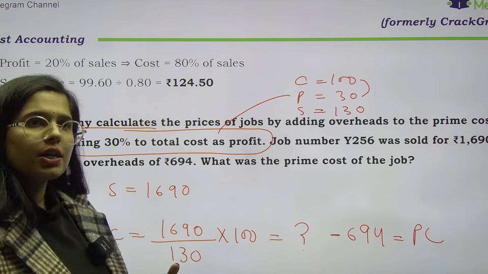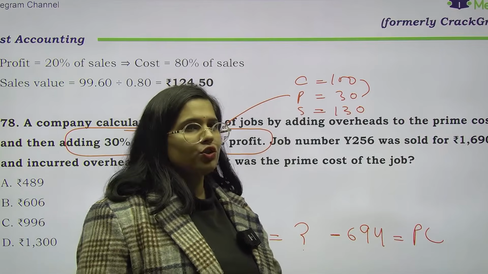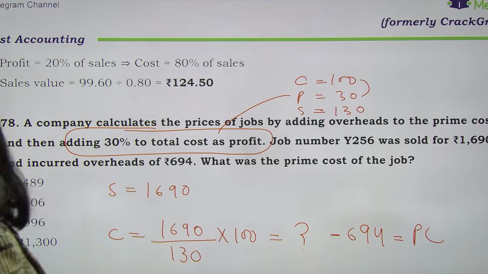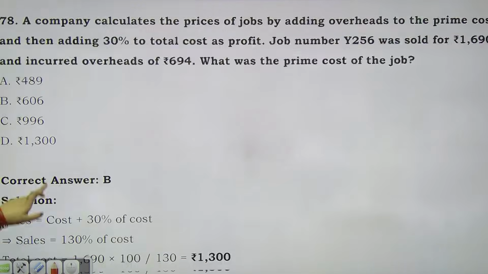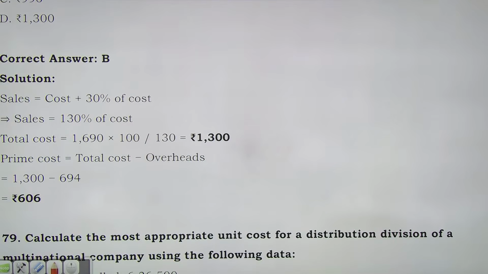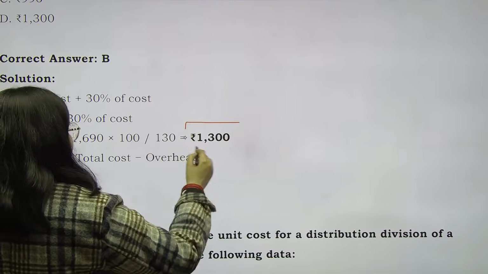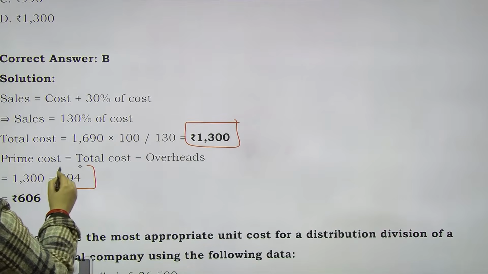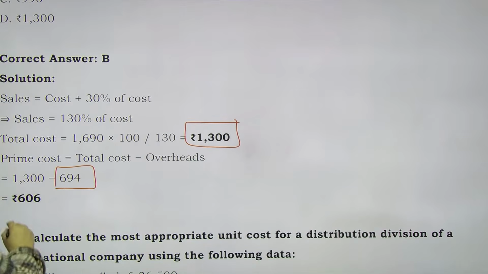Because prime cost plus overheads is equal to total cost, right? See this. So I got to know my total cost 1300. I removed overheads from this as was given in the question and 606 is my prime cost. ठीक है? 606 is my prime cost.